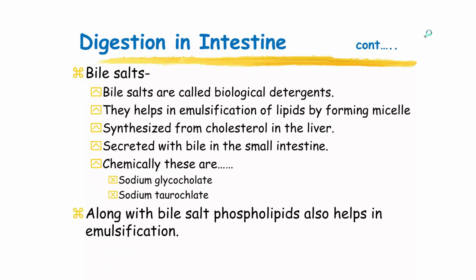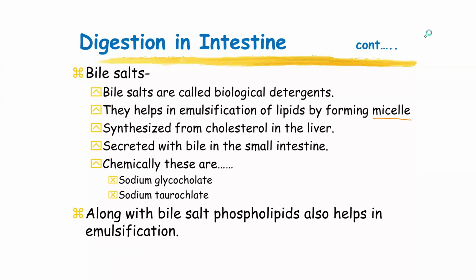The bile salts are called biological detergents, and they help in the emulsification of lipid by forming micelles. Once they emulsify the lipid, they produce what we call a micelle.